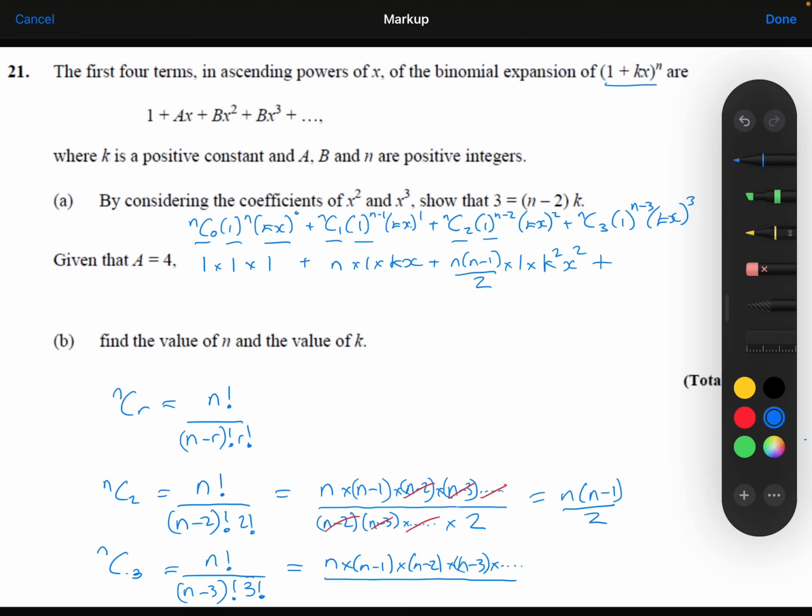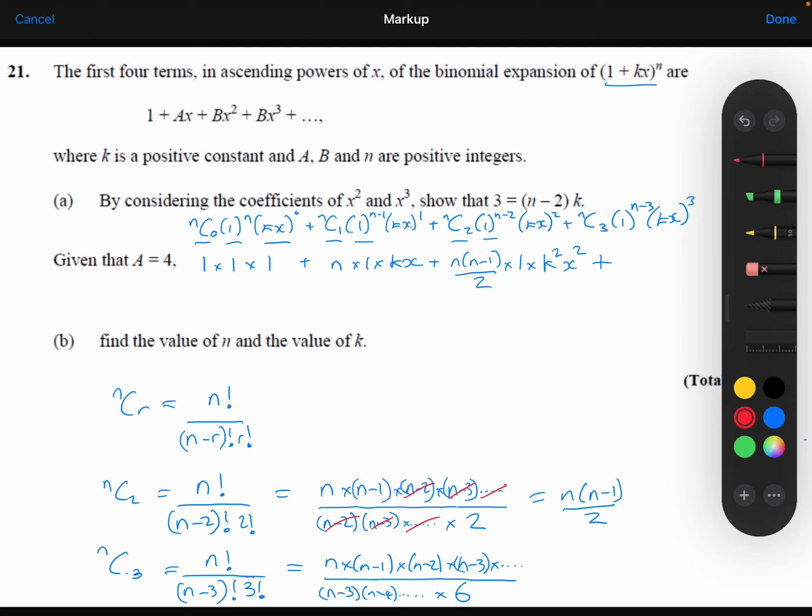The (n−3)! is (n−3) times (n−4) and so on. The 3! is 3 times 2 times 1, which is 6.